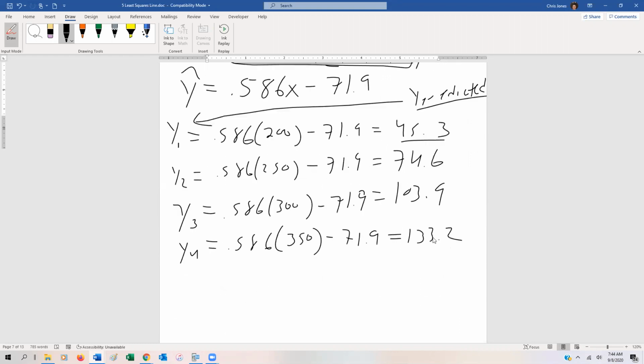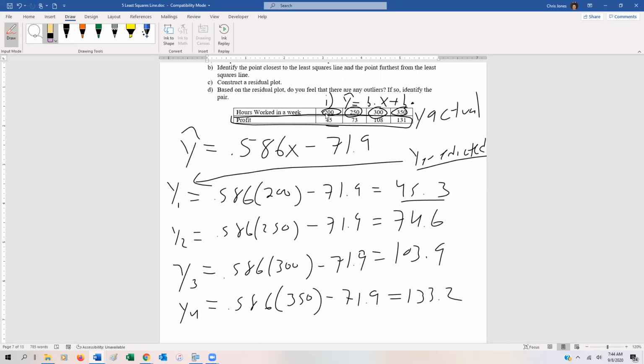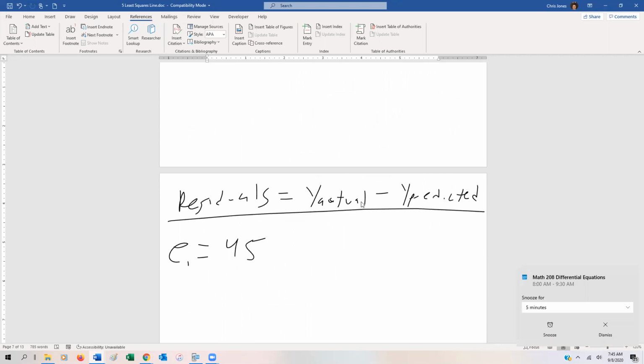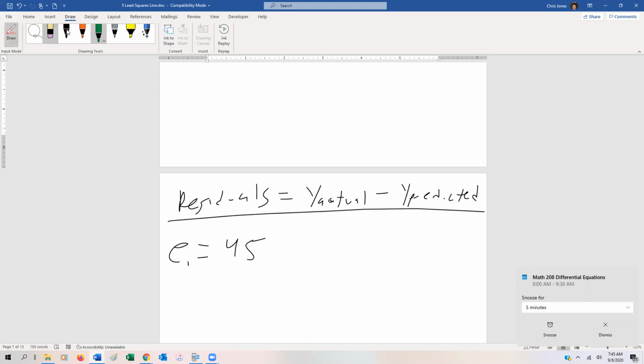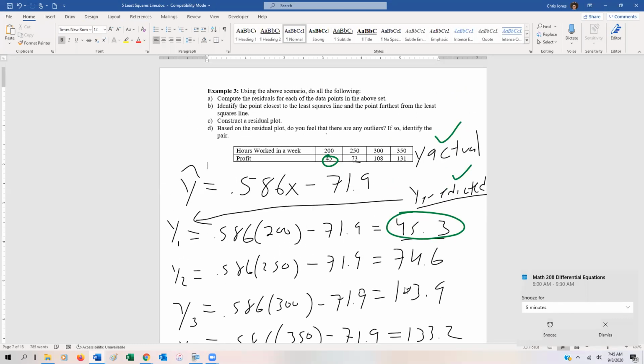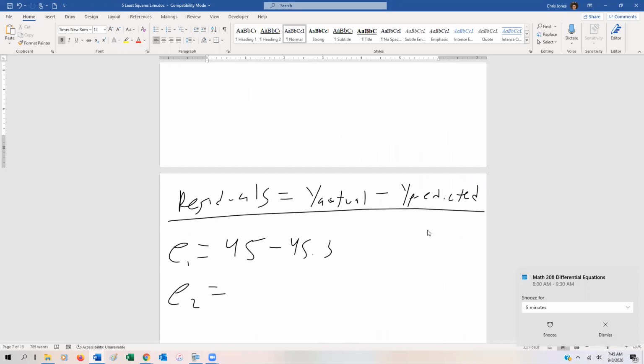Right? So just to make sure everybody understands where we're getting this from, we're just going right up here, and we're taking this 45, and we're subtracting 45.3. So y actual minus y predicted. So go down here, so 45 minus 45.3. E2 is going to be equal to, so we go back up, and we have 73 minus 74.6.